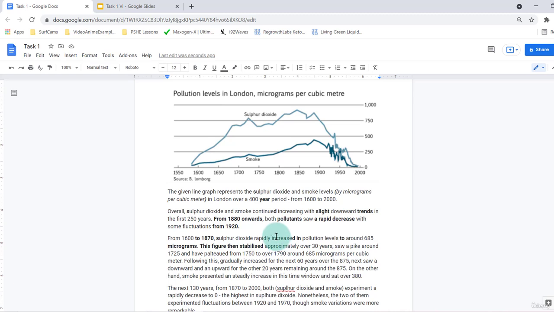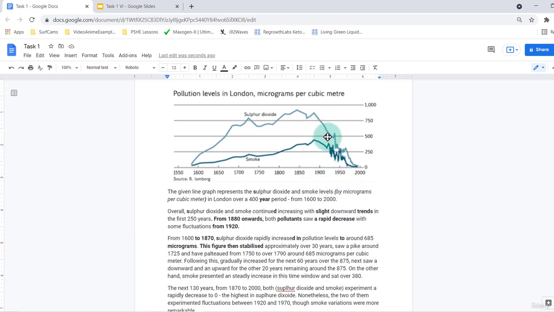But remember that if you spell in the American or the British format, it doesn't make a difference for your band score. This figure then stabilized approximately over 30 years. So we're at 1870, and it's saying that the figure sort of stabilized, and it does. I would say for sulfur dioxide, there's actually a drop from there.